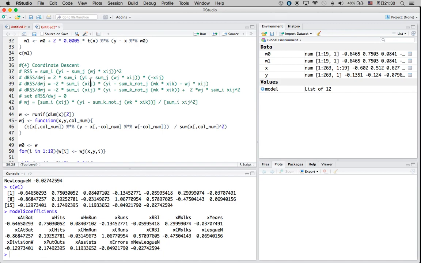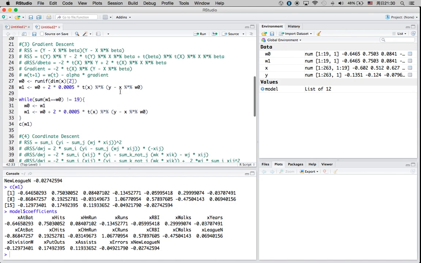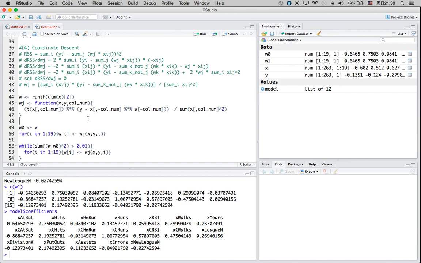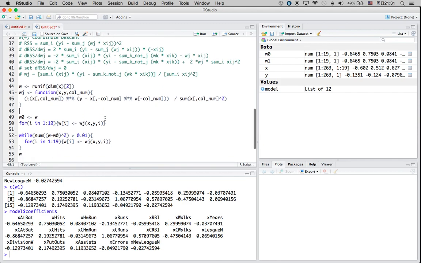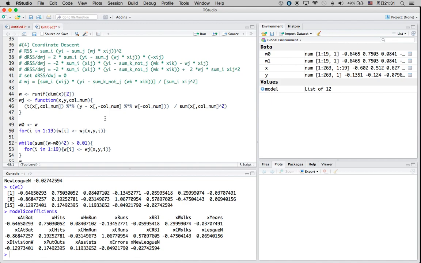In our situation, we have 19 coefficients, so for coordinate descent we need to update 19 times within one iteration: we update the first coefficient, then the second, then the third, all the way up to the 19th coefficient, one at a time within one iteration.